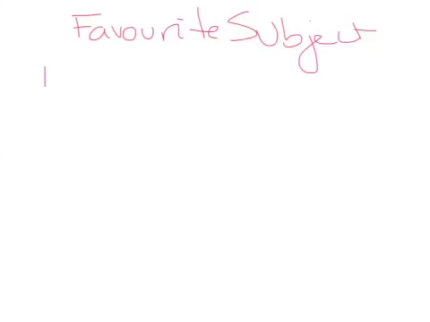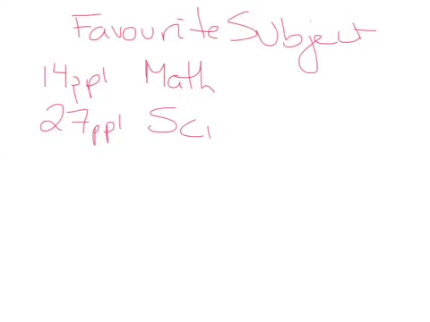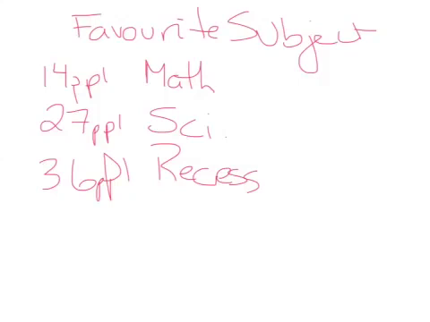So 14 people voted math, 27 people voted science, 36 people voted recess, and 5 people voted gym.